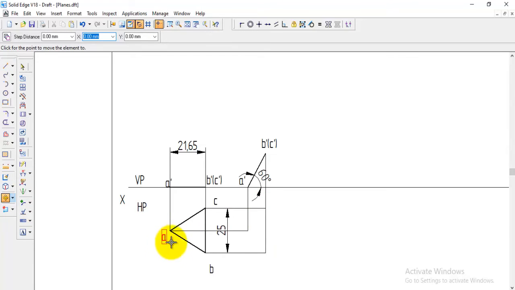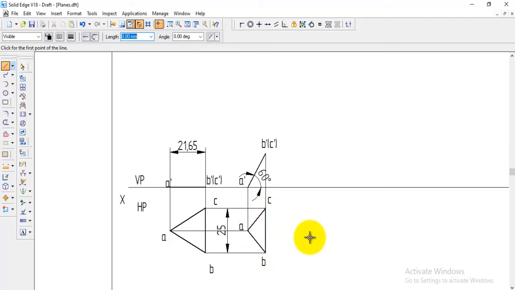You can move the namings A, B and C, and then go to Line, Visible Line and make it visible. A to B, B to C, and back to A. The second step is also finished.